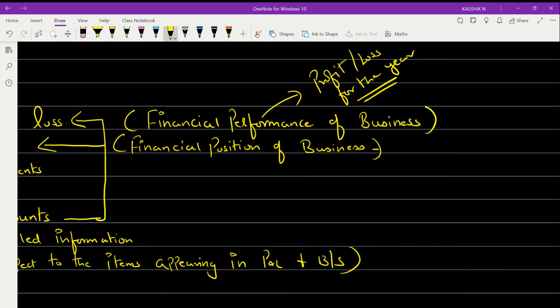That means how much assets you have and how much liabilities we have in the business. So, what is the total liability and the total assets? The capital introduction and creditors, all this information will be provided by the financial position. So balance sheet gives us the financial position of the business, whereas the performance of the business comes to be known by preparing your statement of P&L.